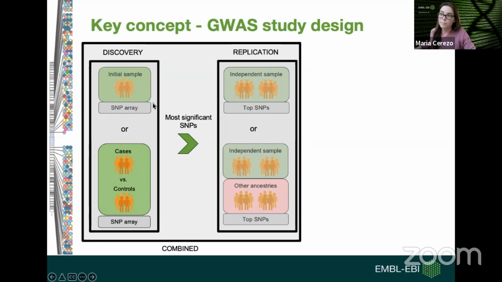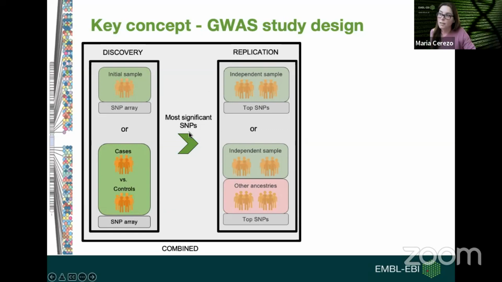For the discovery, you have an initial sample, which is genotyped for at least 100,000 SNPs, or maybe several million, because genotyping technology has developed quite a lot in recent years. It can be drawn from the general population for a continuous trait like BMI, or can be split into cases and controls if the trait is binary. All the samples can belong to one ancestry or may be drawn from different ancestries.